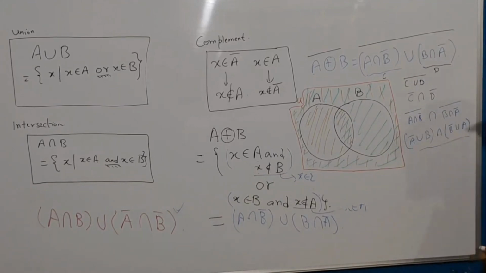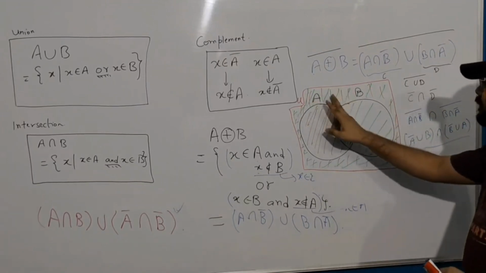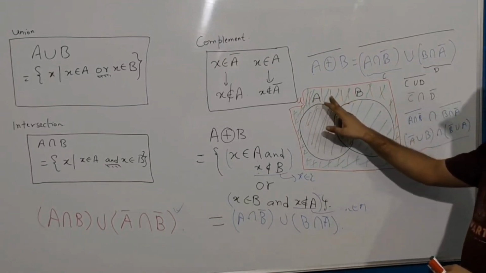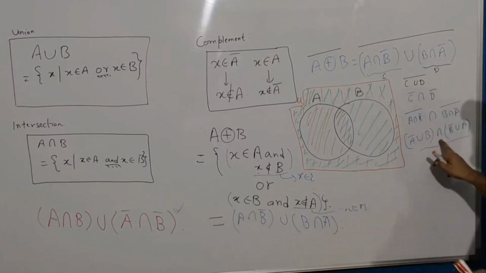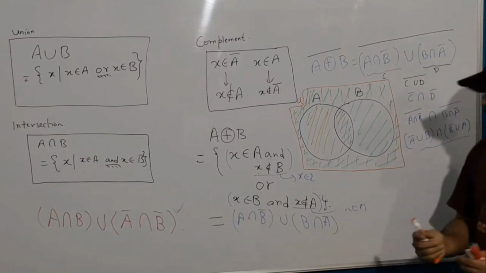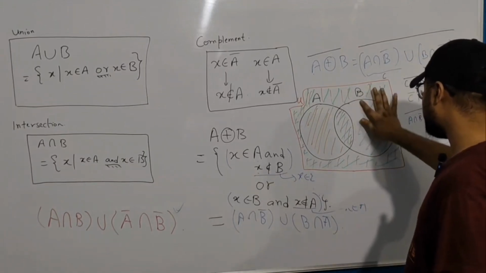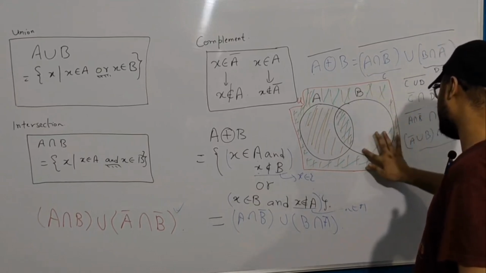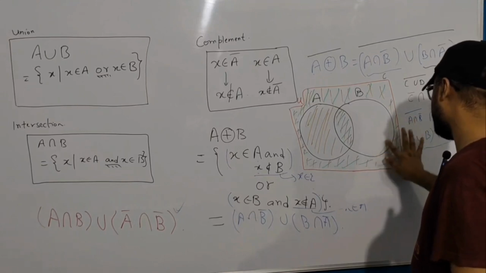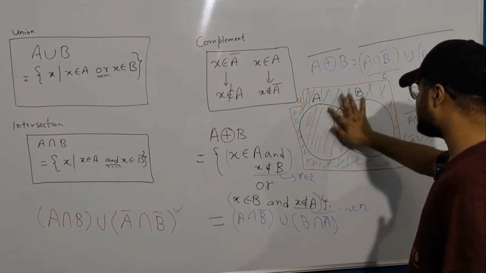So you are now going to exclude those regions which do not have both colors, green and orange. Intersection means it should include both. So you have to remove these regions and these regions.